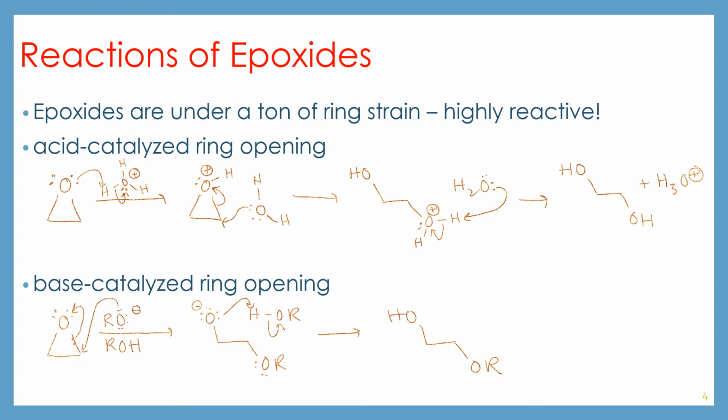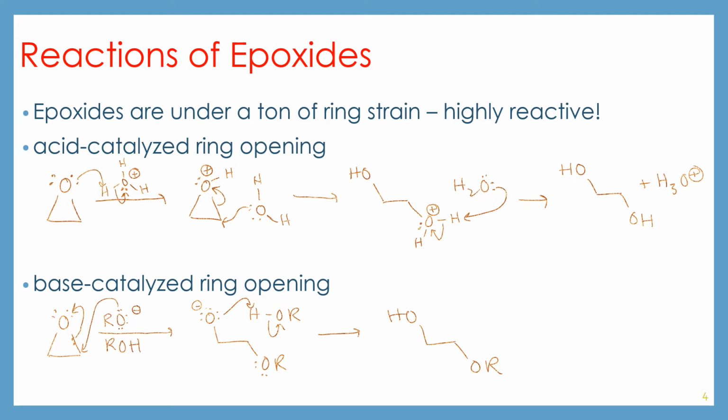So let's look at reactions of epoxides. We talked earlier about cyclic alkanes and how a cyclopropane ring is under a lot of ring strain. Now when it's cyclopropane, that doesn't really result in anything. It's not particularly reactive because hydrocarbons are not particularly reactive.